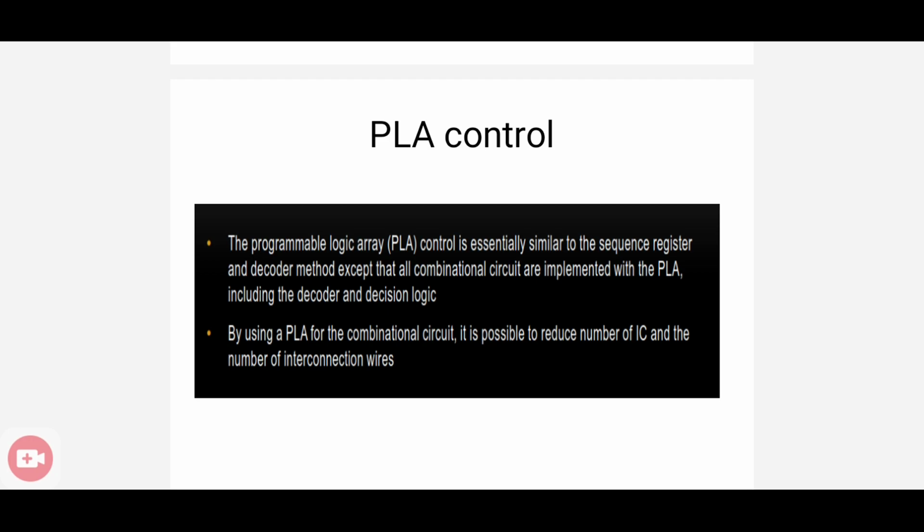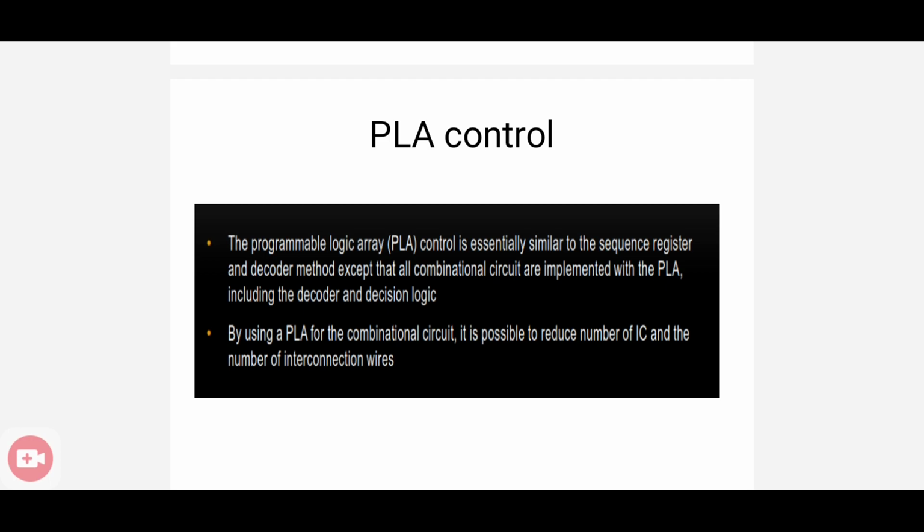So in the PLA control method, all the combinational circuits, including the decoder and the decision logic, are implemented with the PLA. PLA is a programmable logic array. By using this PLA for the combinational circuits, it is possible to reduce the number of integrated circuits or the number of interconnection wires.